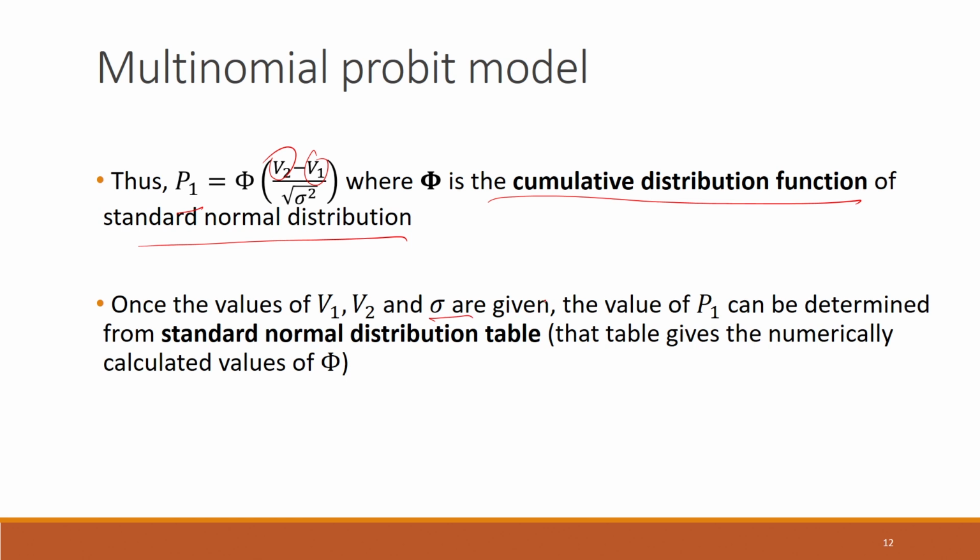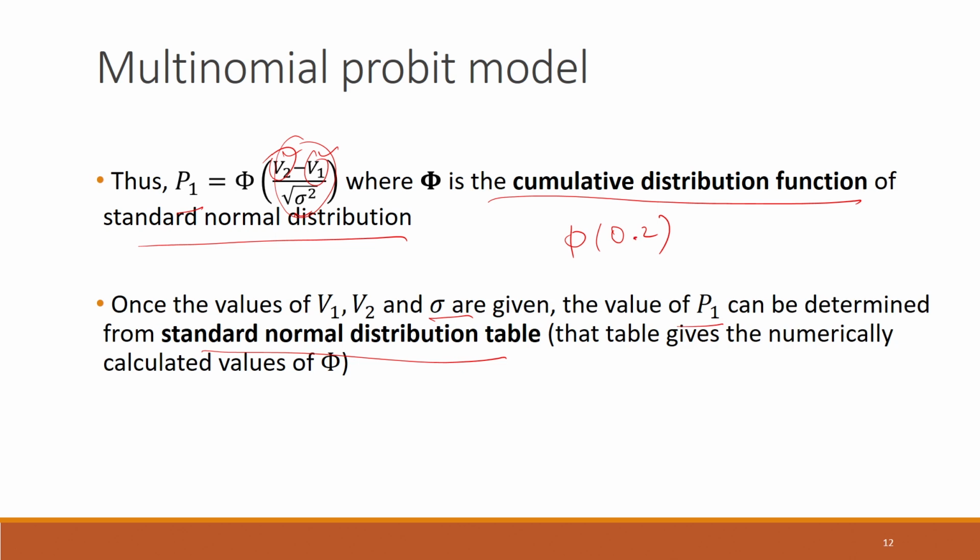Once these are given, we can determine the probability of choosing the first alternative by looking at any standard normal distribution table. Since we know all three values, we will know the value in this bracket, V2 minus V1 divided by sigma. Suppose that comes out to be 0.2. Then we will have to determine phi of 0.2, okay.